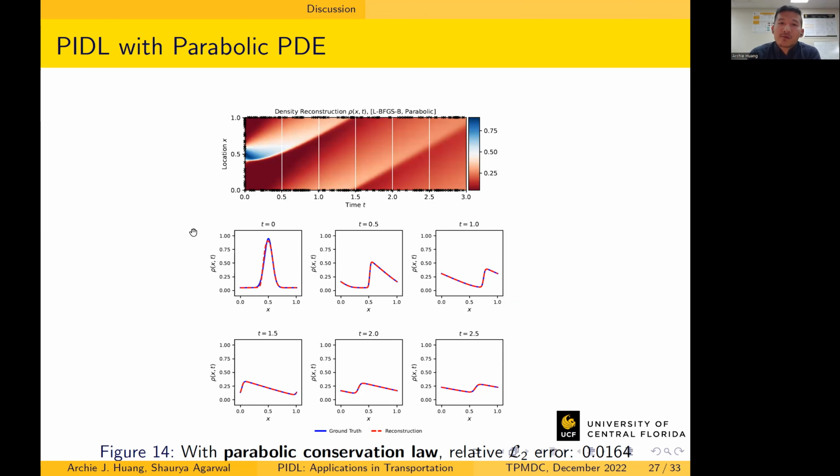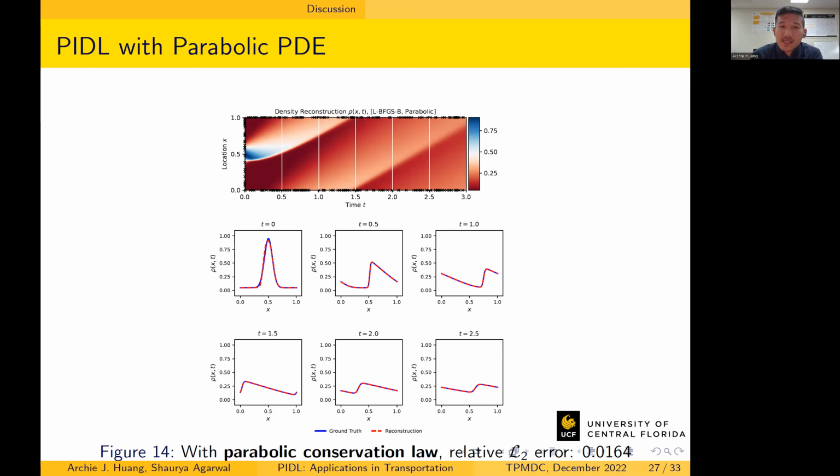Here, we are looking at ring road data, where we test the PIDL neural network to learn a traffic density data set on a ring road. This data set is provided by Dr. Rongye Shi at Columbia University.